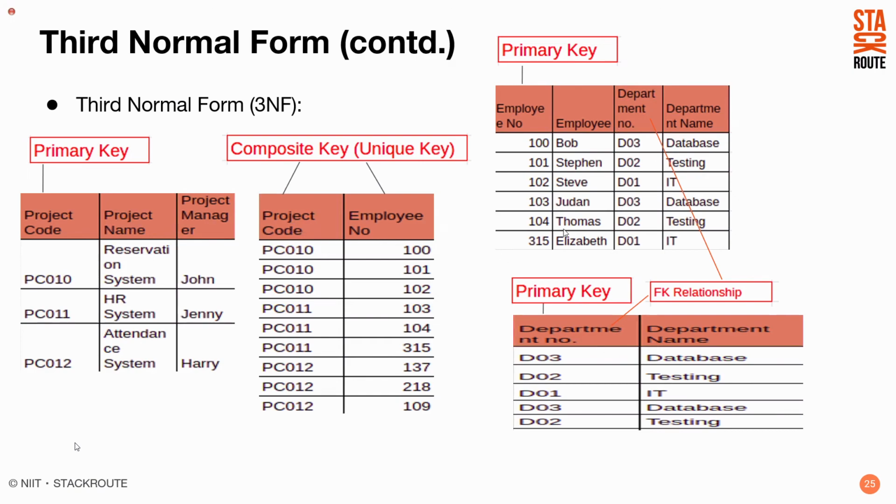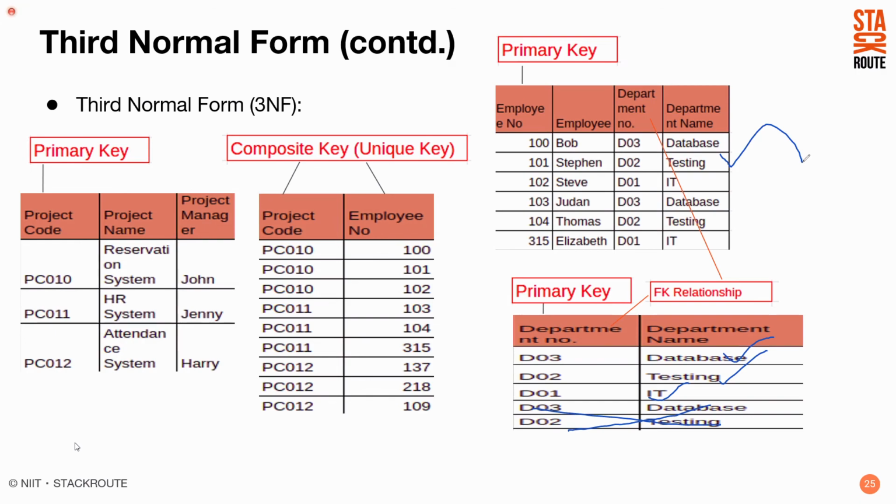Can I enroll an employee whose department does not exist at all in an organization? No, I cannot. Let's assume in a company, there is only database testing and IT department, that's all. Even if I remove these two records, can I recruit an employee and store them under something called IT, admin or HR?